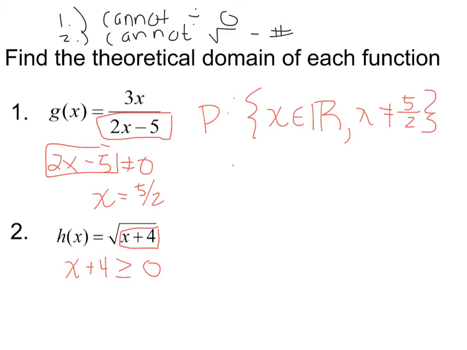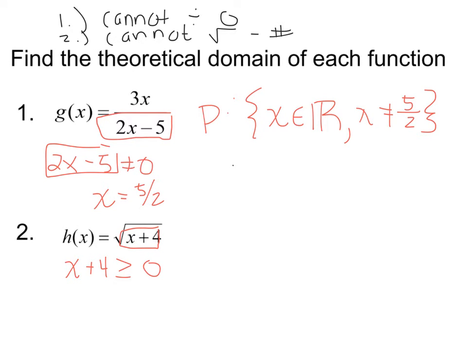Because if x plus 4 is less than 0, we're going to have a negative number underneath the radical, and that's not good. So as long as x is a number that's greater than or equal to negative 4, we will be able to not violate the rule of taking the square root of a negative number.